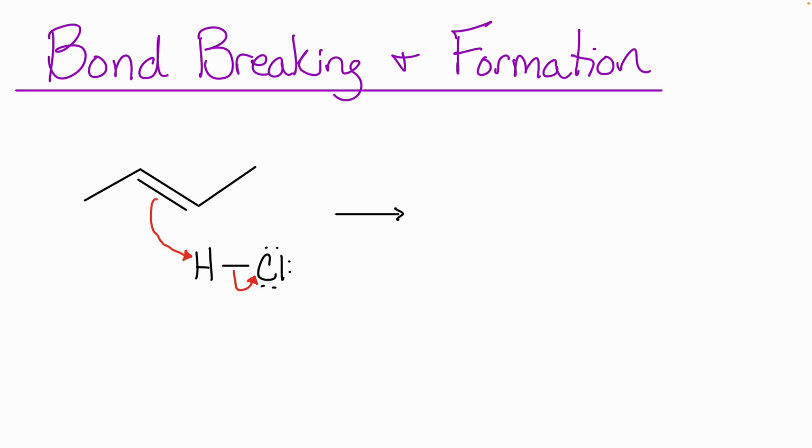This arrow down here is just a normal old bond breaking arrow, putting that pair of electrons from that hydrogen-chlorine bond onto a chloride ion.